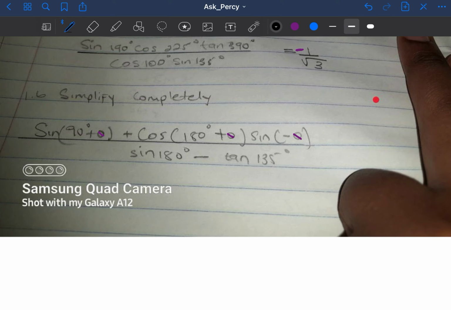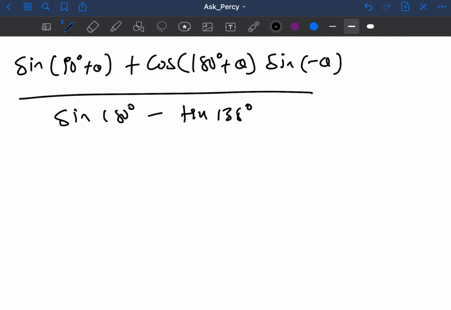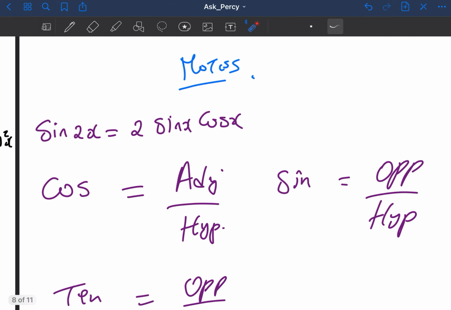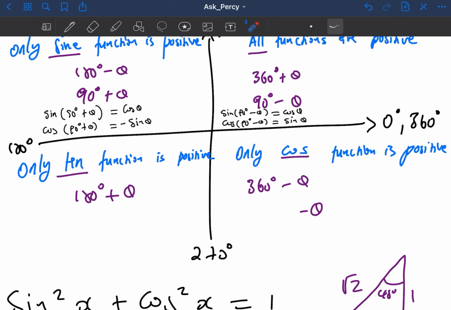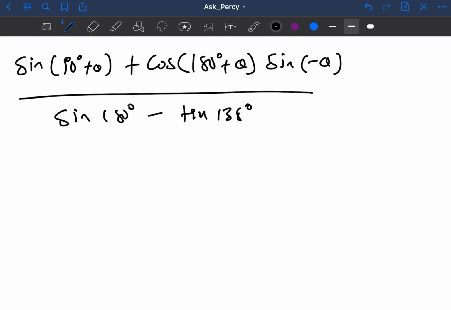Yes, sine of 180 minus 135. All right, so simplify this completely. We already know how to simplify this. Sine of 90 plus theta, go to our CAST diagram. Sine of 90 plus theta is equal to cos theta. So you write that the way it is.